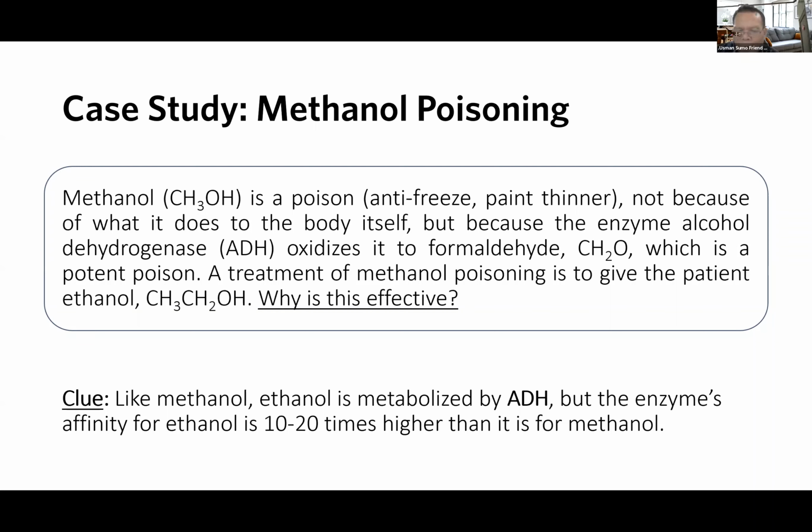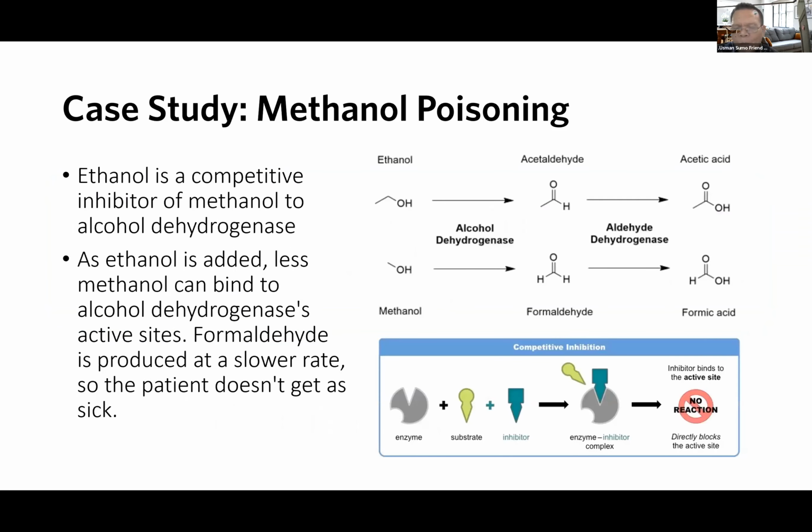Ethanol is metabolized by the same enzyme with NADH, but the enzyme's affinity for ethanol is 10 to 20 times higher than it is for methanol. Now, let us see what happens with this poison, methanol.